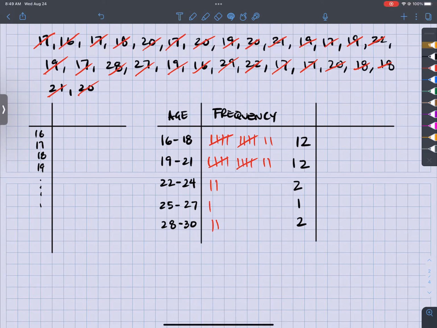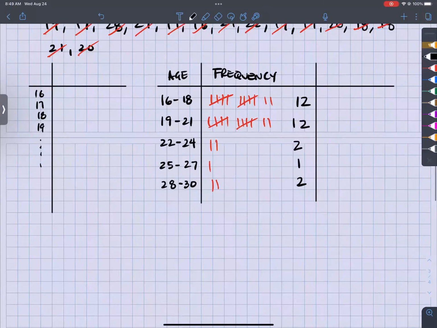So that will be a frequency distribution. Is everybody okay with that? Pretty easy?